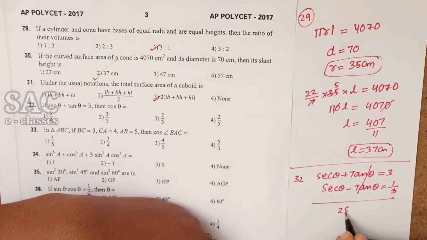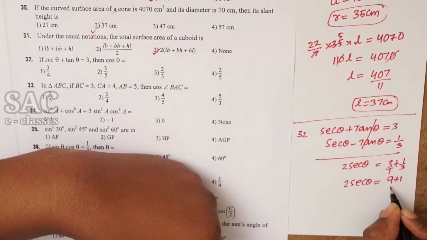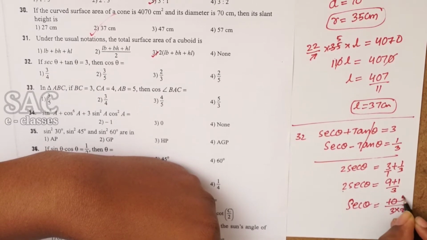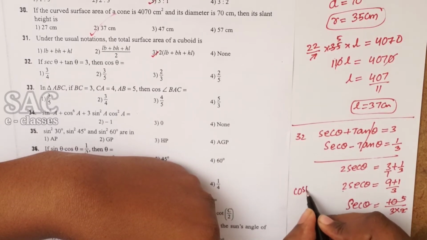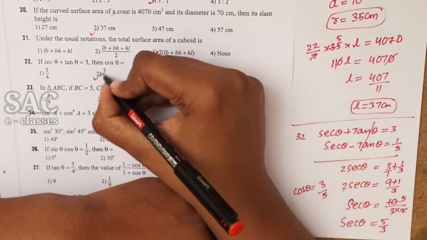Add them: 2 secant theta is equal to 3 plus 1 by 3, which can be written as (9 plus 1) by 3, so secant theta is equal to 10 by 3 into 2, which becomes 5 by 3. If secant theta is 5 by 3, definitely cos theta is its reciprocal, which is 3 by 5.